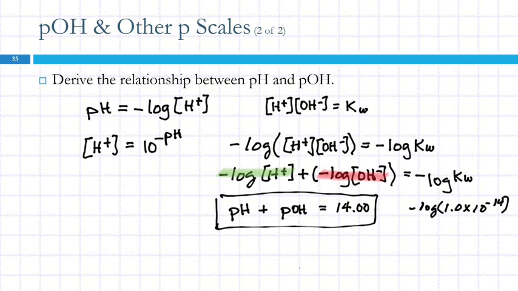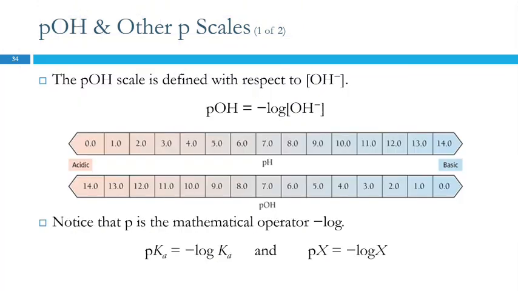There it is. The pOH added to the pH will always give you 14. Here in the middle, this plus this equals 14. Over here, this plus this, 14. Over here, this plus this, 14.